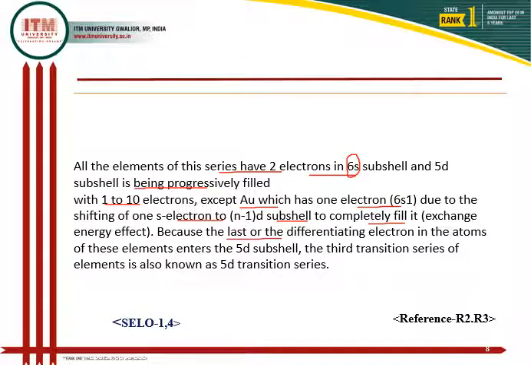The last or differentiating electron in the atoms of these elements enters the 5d subshell. That is why they are called the 5d series.